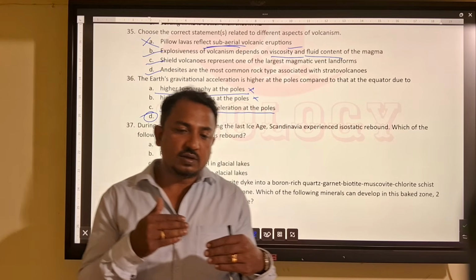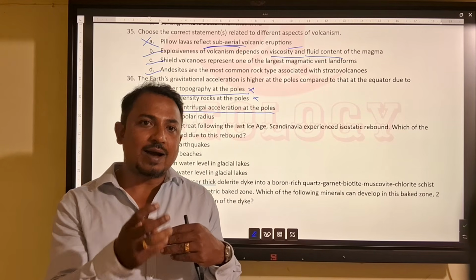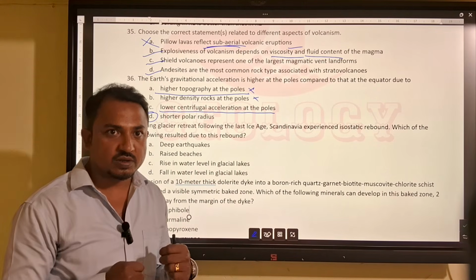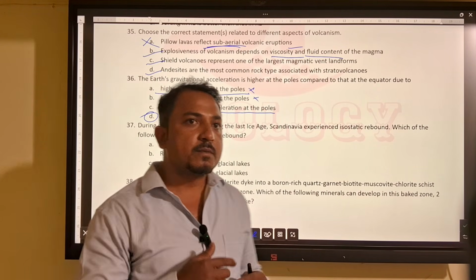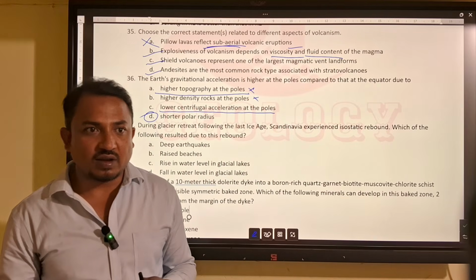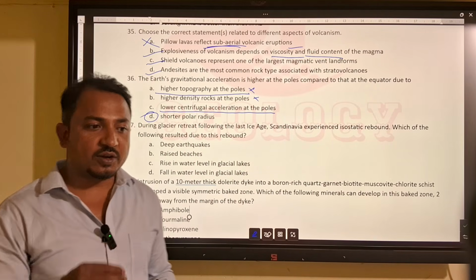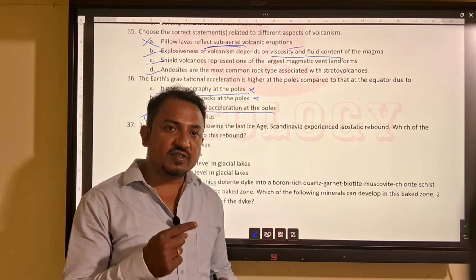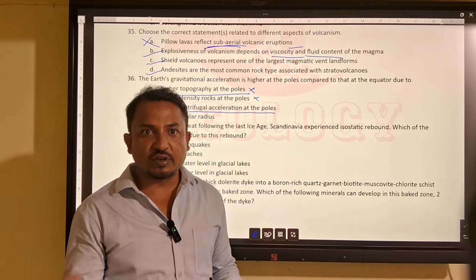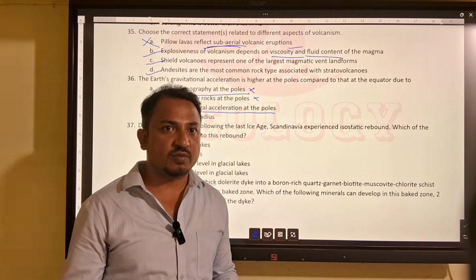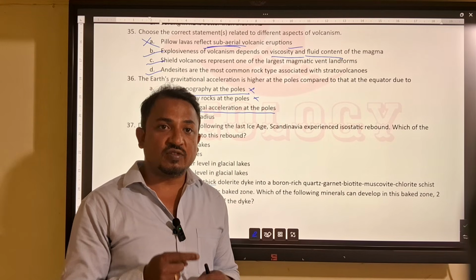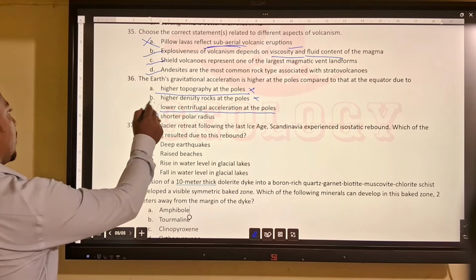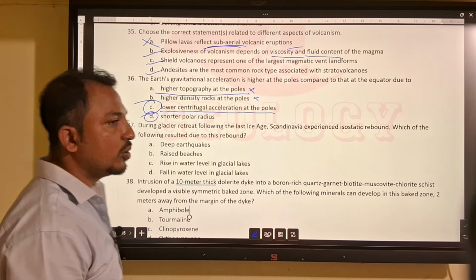That means the centrifugal force counters the gravitational force and reduces its effect. At the pole, the centrifugal force is zero, so the gravitational field will be higher. It is the opposite at the equator, where the centrifugal force is maximum and reduces the effect of gravitational acceleration. That's why this will also be correct. So the answer will be C and D.